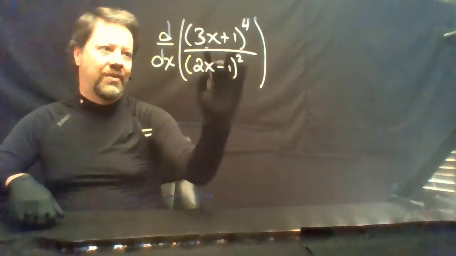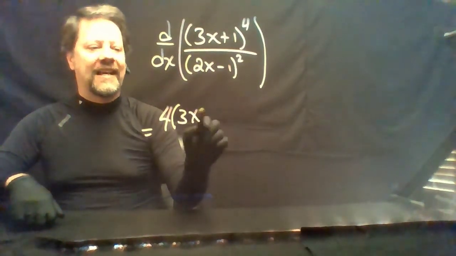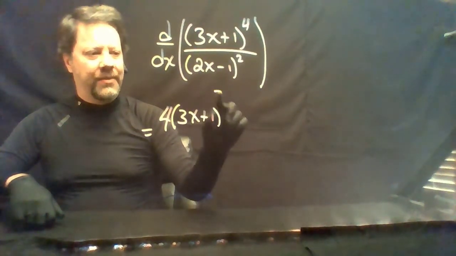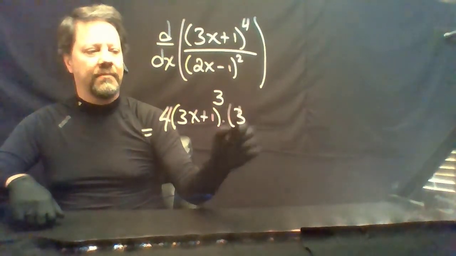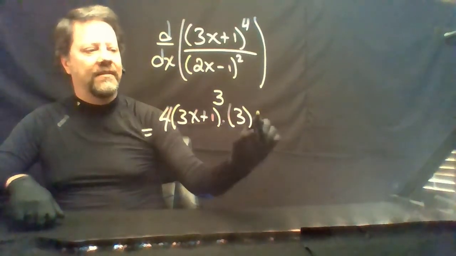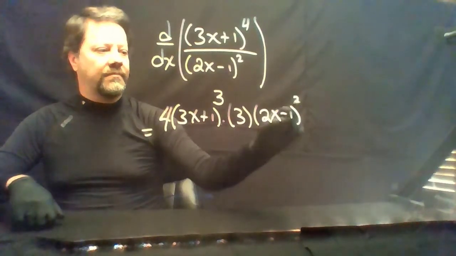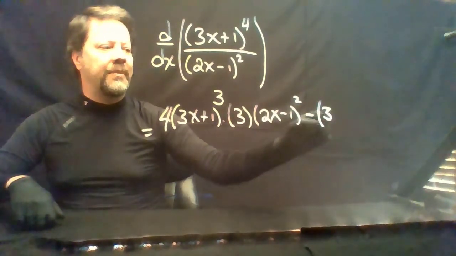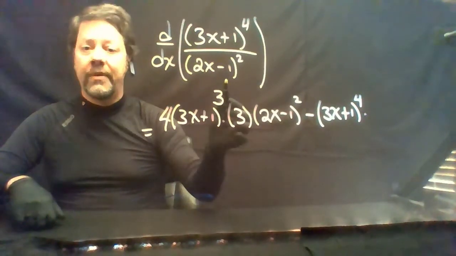And so, the derivative at the top will bring the power down, leave the inside alone, and then subtract 1 from the exponent, but then we need to multiply by the derivative of the inside. After that, we need to multiply by the bottom, minus the top left alone times the derivative of the bottom.